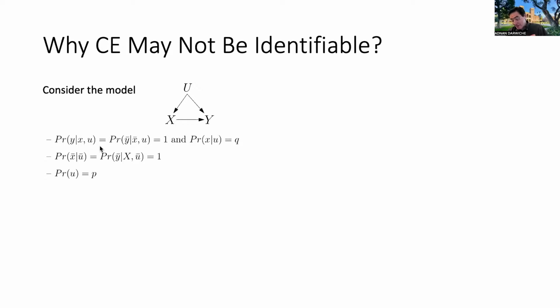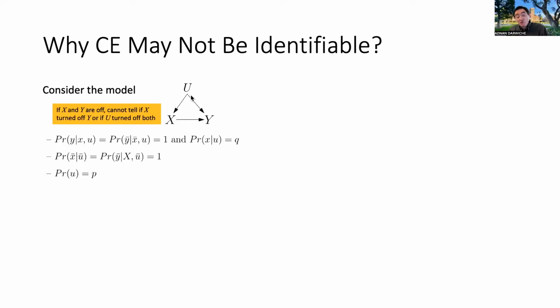Now this example was shown carefully so that it has the following behavior. If I come and tell you that both of these guys are off, without telling you what the value of U is, you wouldn't know what caused Y to take that value. So if X and Y are both off, we cannot tell if it was X that turned off Y, or if it was U that turned both of them off.